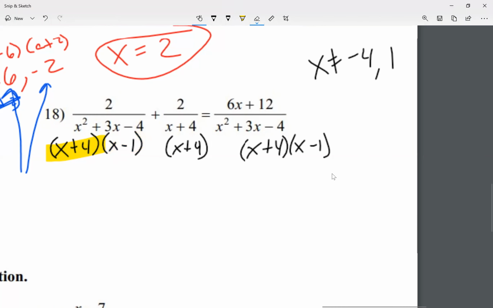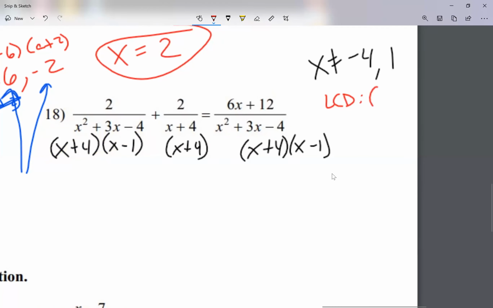Okay, I think I checked for any extraneous solution. So my LCD, my least common denominator, I see it has to be an x plus 4 and x minus 1.